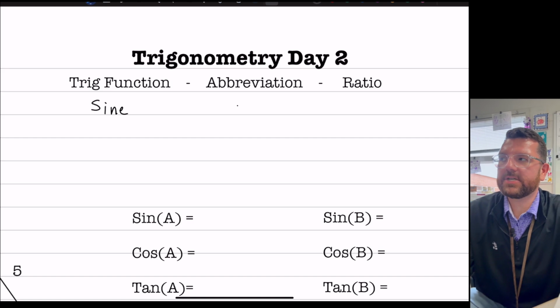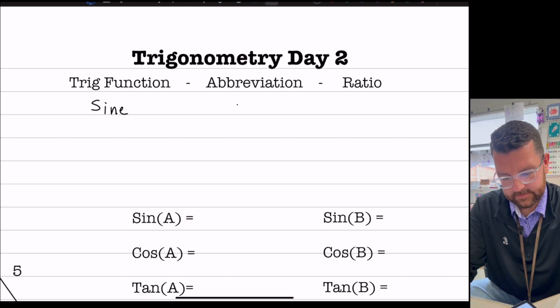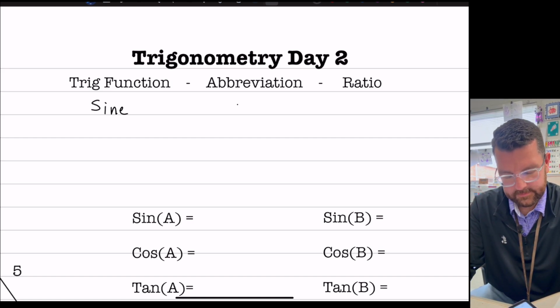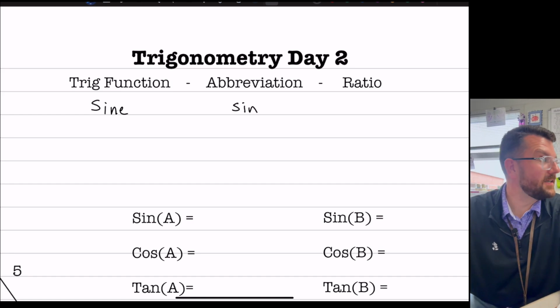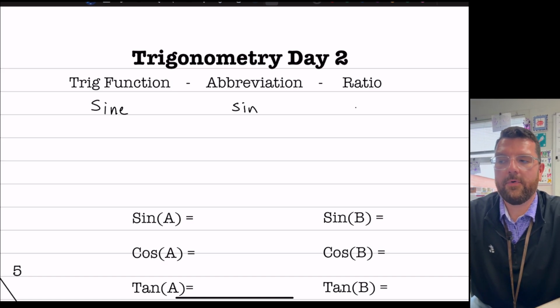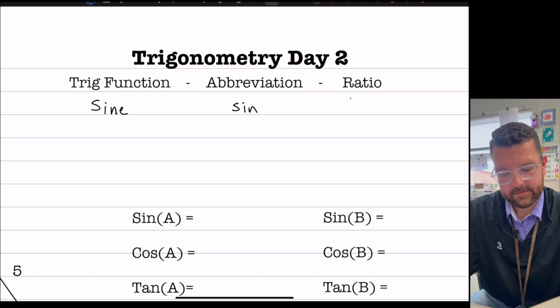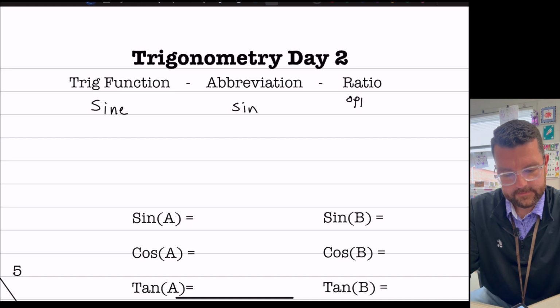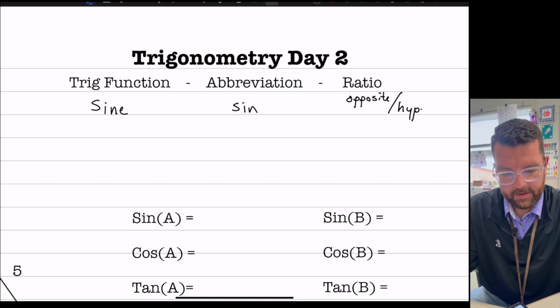What was the abbreviation for sine? Sin, S-I-N, and the ratio that is formed using sine: opposite over hypotenuse.